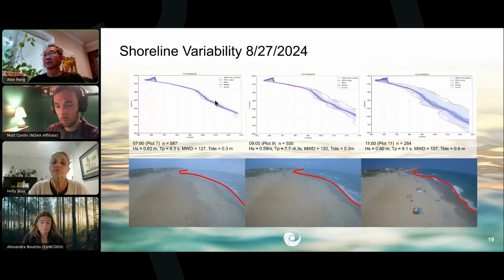As you go from left to right, the tide was coming up, so you see a little bit of variability on the curve box plots on the right, but overall, the variability of the curves was pretty tight. This was our hypothesis: that on a fairly calm day, all the shoreline curves should be fairly close to the median curve.